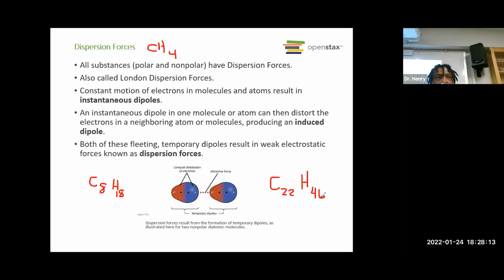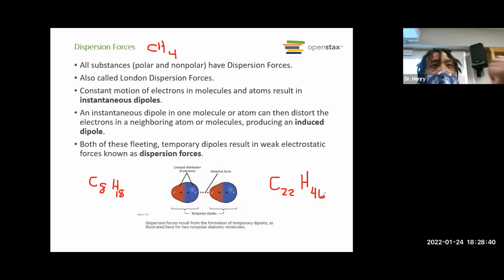So those chains, right? The longer they get, the harder they are to break. It's going to take more energy to break. Now, let's think about this. If we start adding things like fluorine and chlorine into those molecules, we have those chains with chlorine and fluorines.